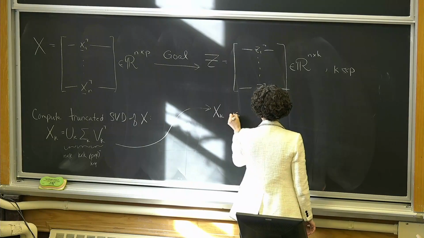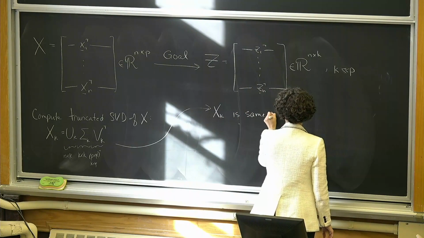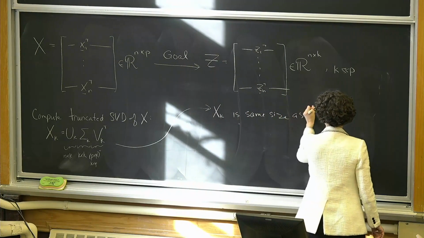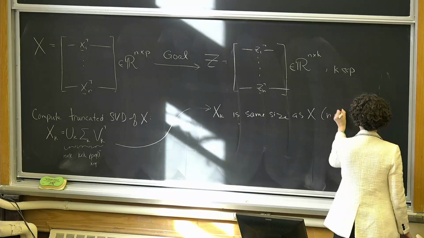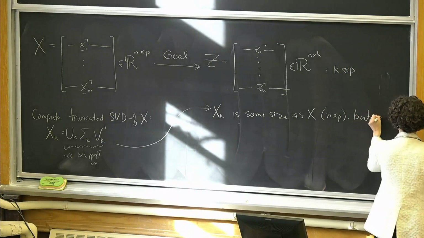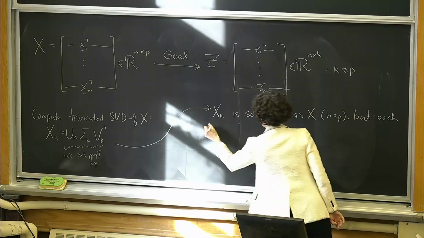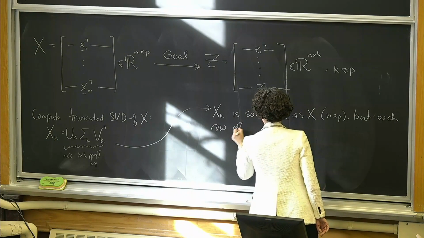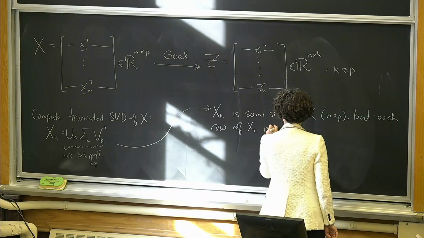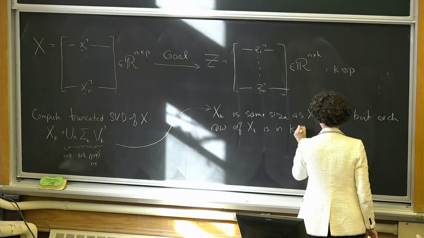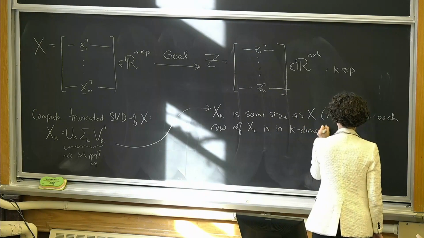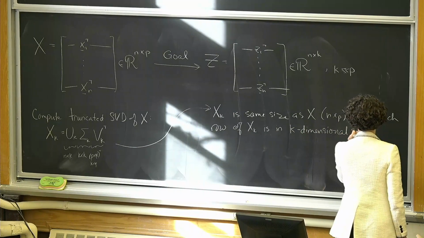XK is the same size as X, and that is N by P, but each row of XK is in a K-dimensional subspace.